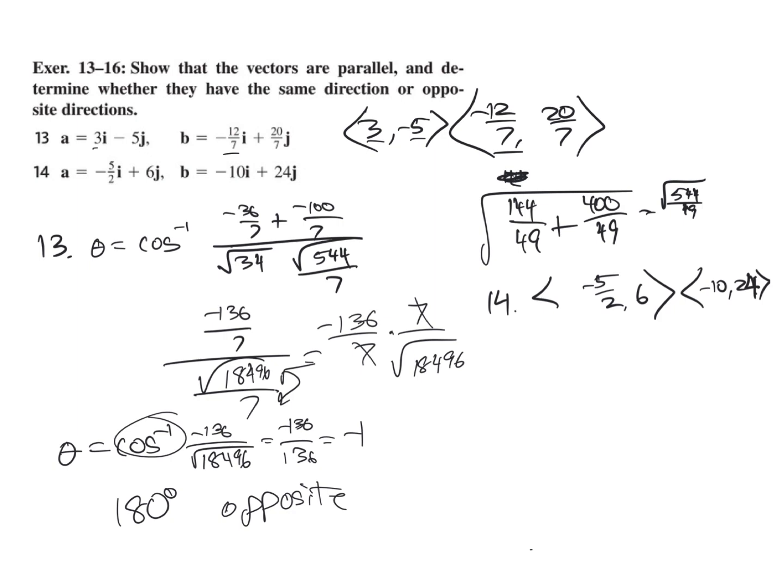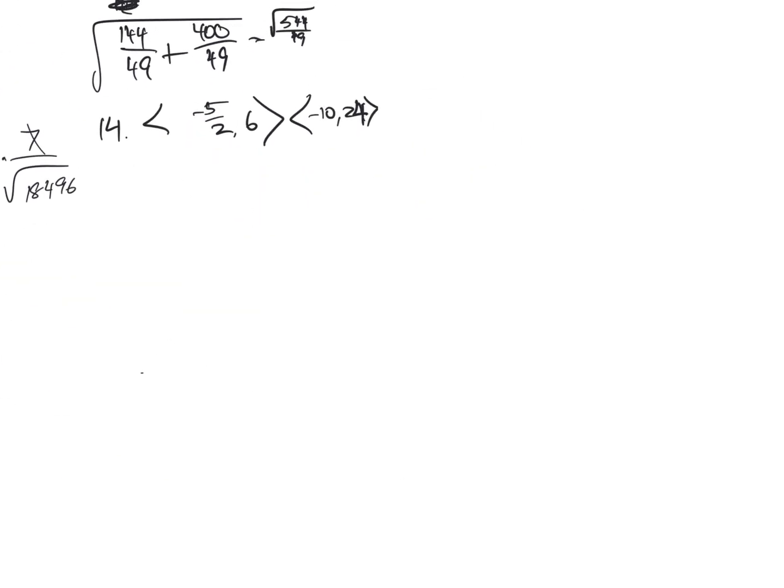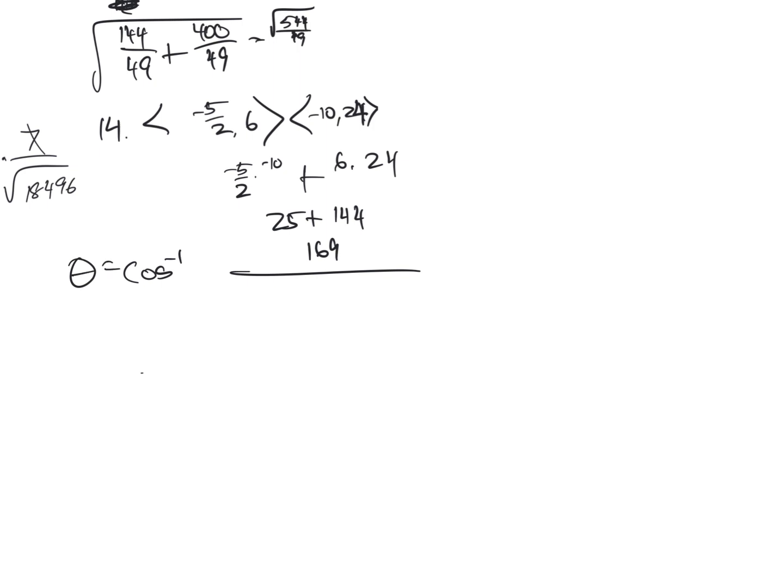All right, so now you find the dot product: negative 5 halves times negative 10 plus 6 times 24. 6 times 24 is 144, and negative 5 halves times negative 10 is 25. That's 169, so that's our dot product, all over the magnitude.